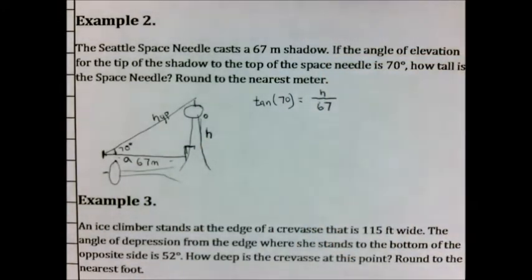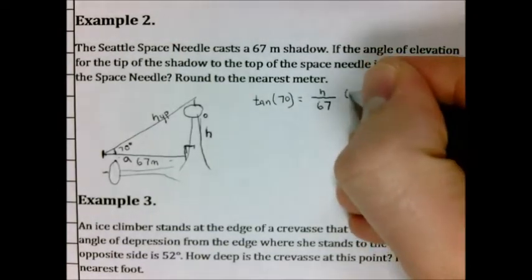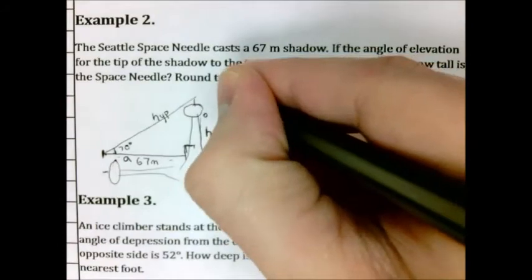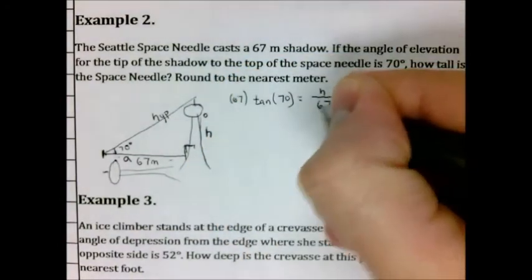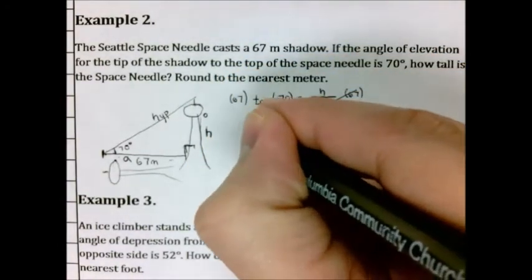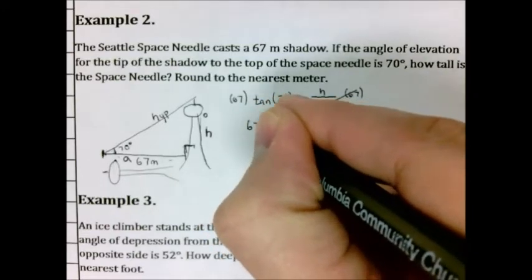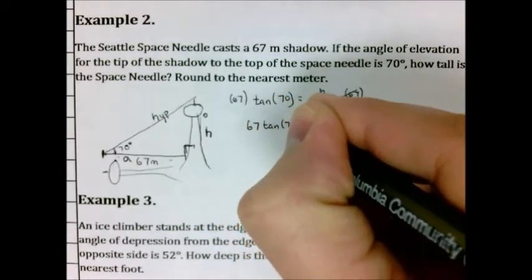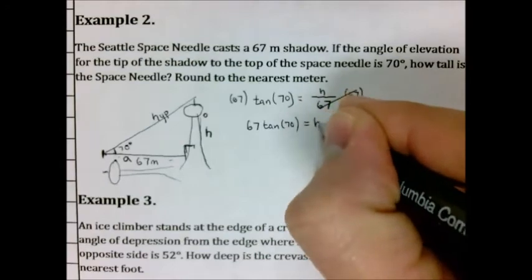Okay, now this is just solving. We have to solve for the height. So we're going to multiply by 67 on both sides, because if we do that, we get our 67s to cancel out. And we're going to be left with 67 times the tangent of 70 is equal to H.